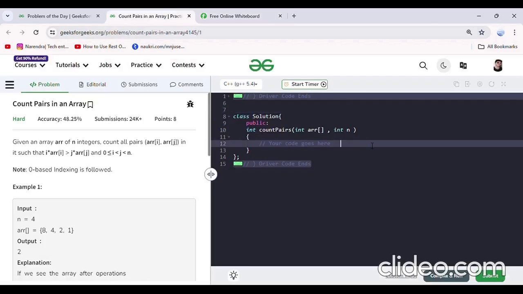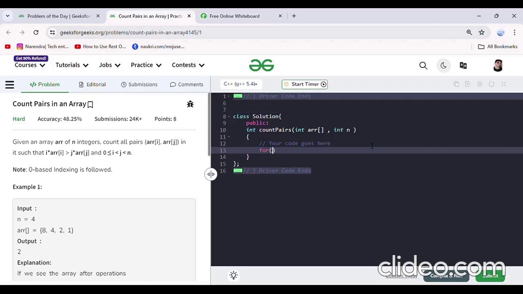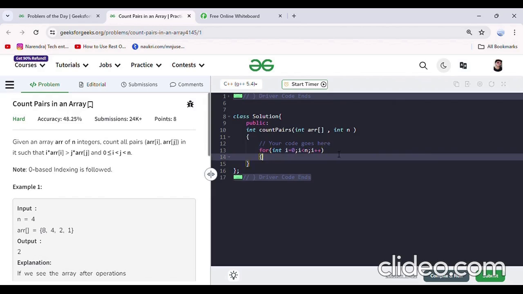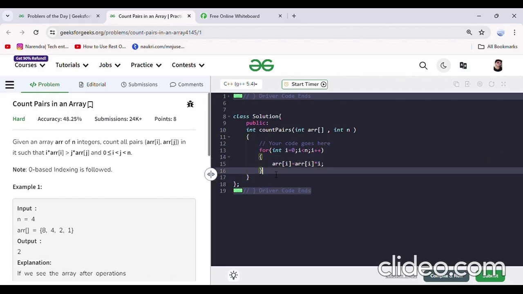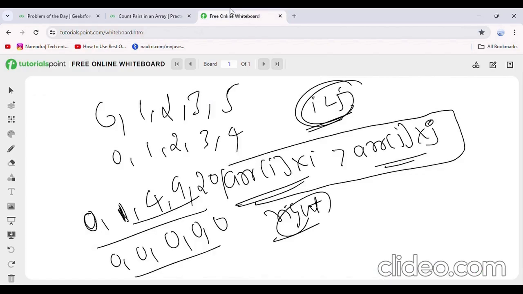So I am converting this array, arr[i] into i. Now we have to find all the pairs.